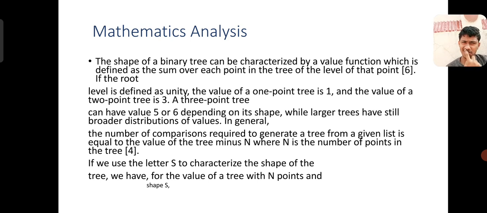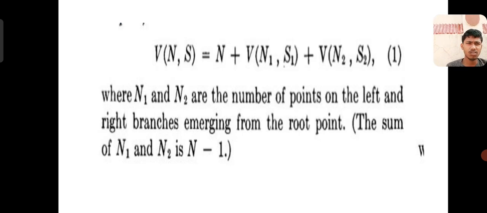If we use the recursive characteristic of the shape of the tree, we have for the value V(n, s) equals n plus V(n1, s1) plus V(n2, s2), where n1 and n2 are the numbers of points in the left and right branches emerging from the root.